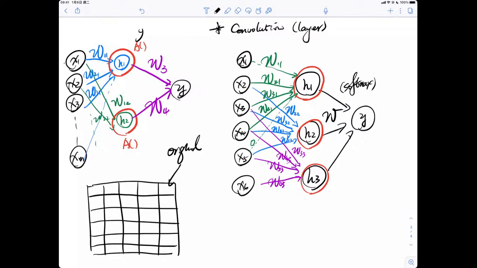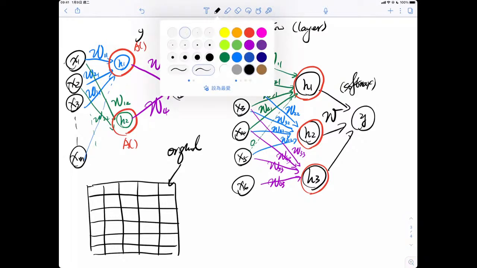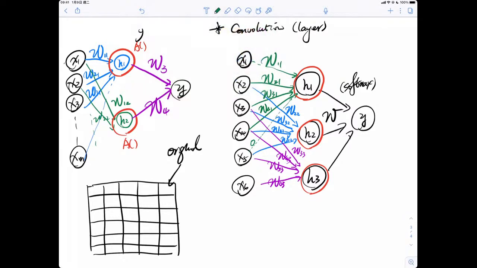Because it is a 2D image, we draw it like this. When I draw the convolution layer, usually you create a small square, a small patch of pixels like this. That is called a kernel, or sometimes it has another name, a filter.